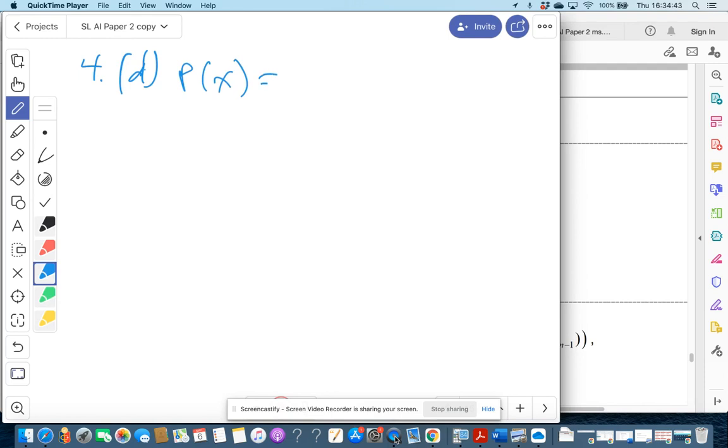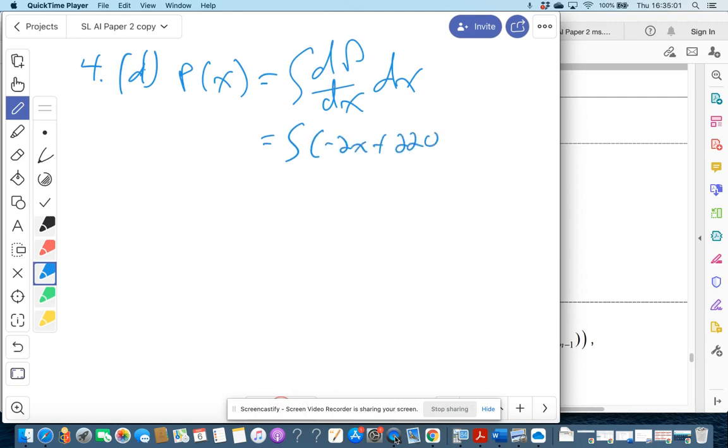P of X is going to be equal to the integral of dP/dx times dx, and you can see that the integral of dP is basically going to be P. So I'm going to integrate negative 2x plus 220 dx. We have no x there, so that is actually x to the 0 if I want to use the power rule.